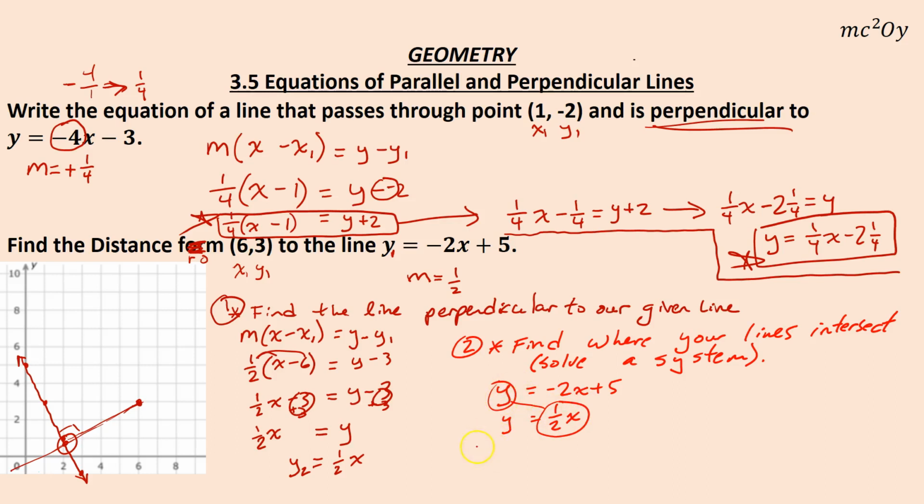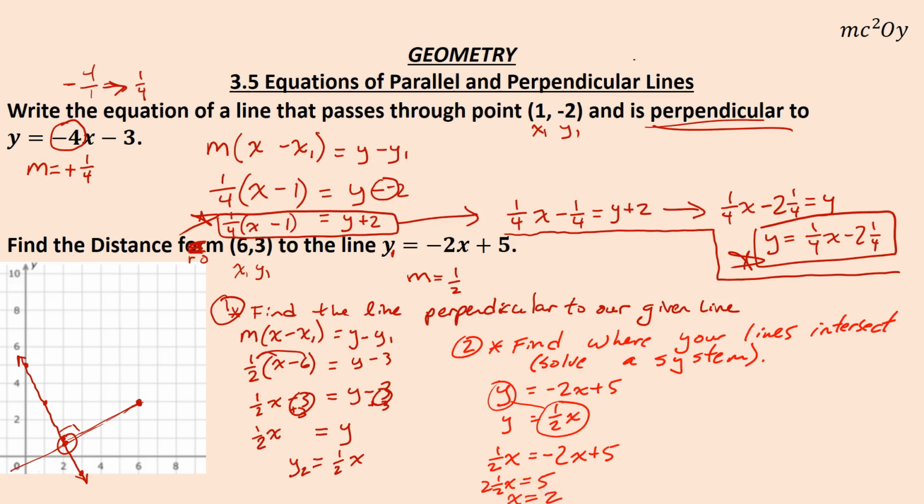I know that means that 1/2 x will equal negative 2x plus 5. All right, and if that's the case, if I move this 2x over by adding it, I'd have 2.5x equals 5. And then if I divide by 2.5, how many 2.5s go into 5? Well, that would be 2. So x would equal 2.